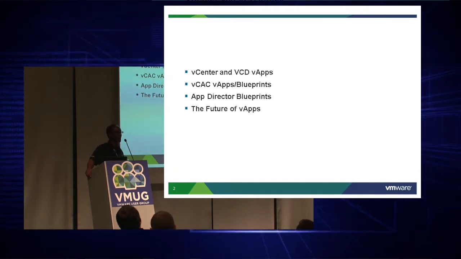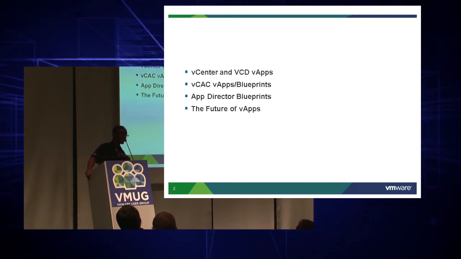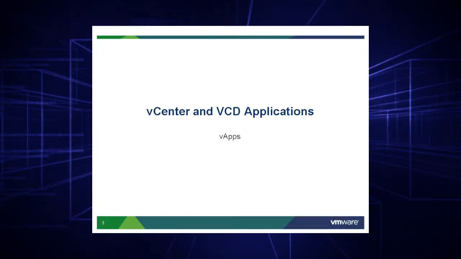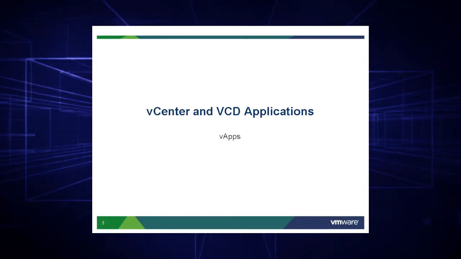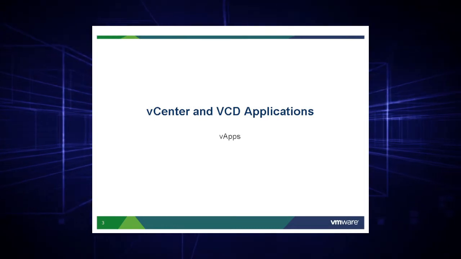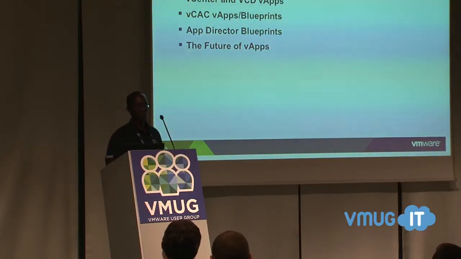And then I'll quickly talk about the future of VApps, at least from my point of view and from the group of people that I'm working with to come up with an internal definition. So think of it as nothing that you're going to go out and apply today, but as something that we are working with internally inside VMware and inside the engineering groups to come up with a good definition of how you would actually encapsulate that application.